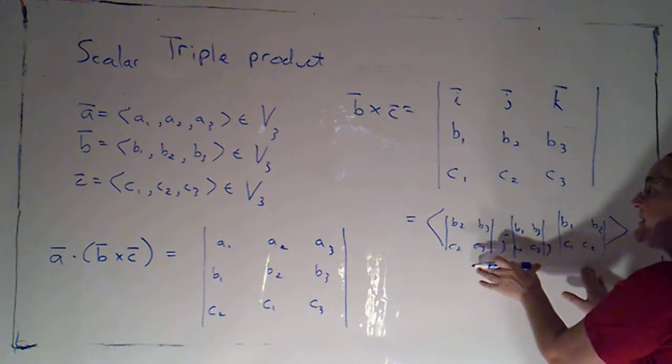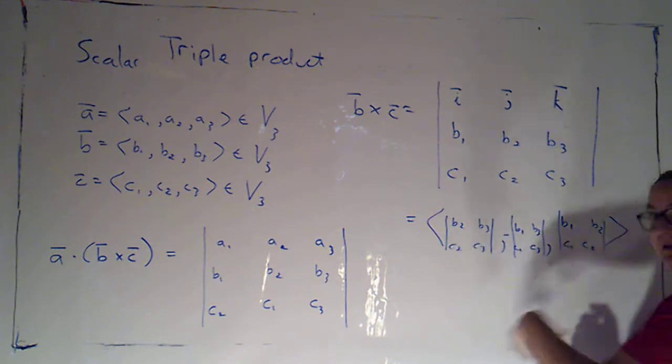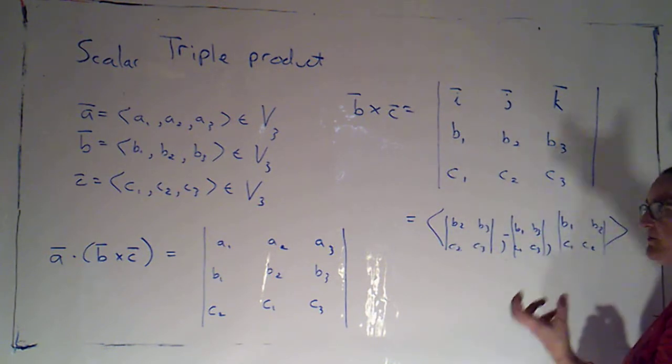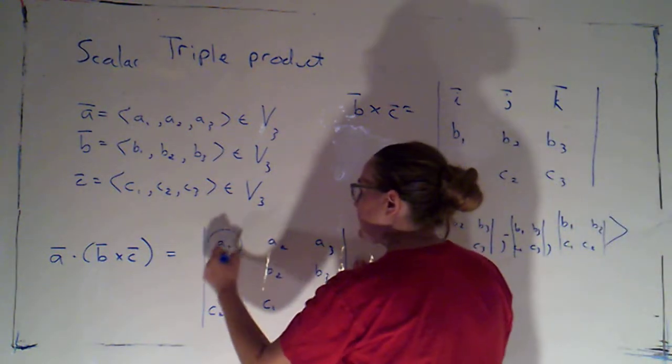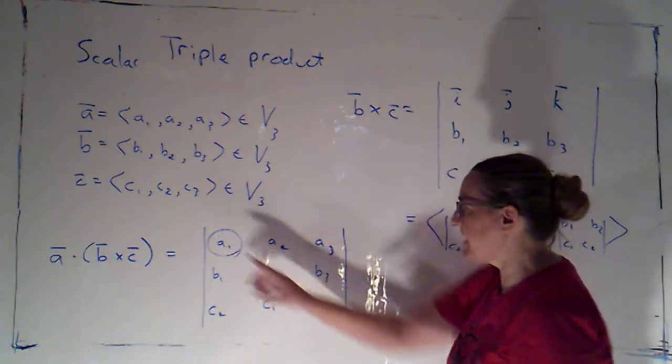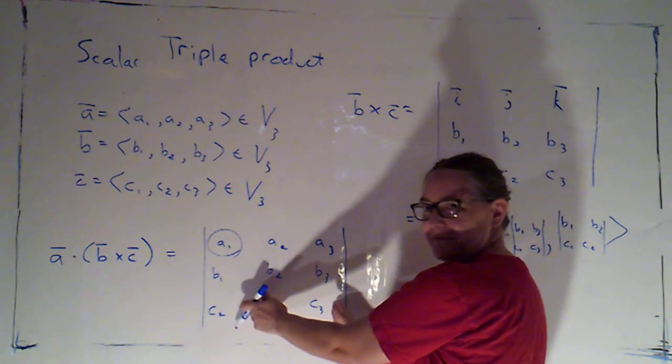Now when I take the dot product of this with A, I'm going to multiply this by the first component of A, which would be A1. Notice, if I calculate this determinant, expanding on the first row, I would multiply A1 by exactly that same 2 by 2 determinant.